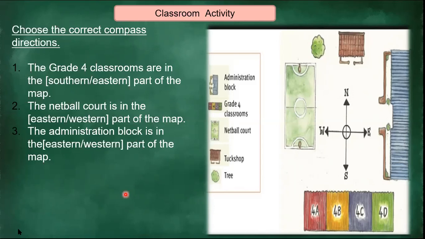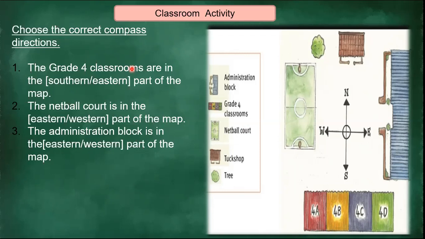Okay, question number 3. The administration block is in the east or west part of the map? The administration. Okay, we have Bandile.